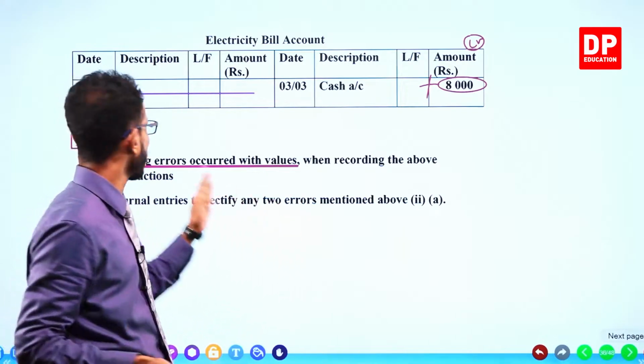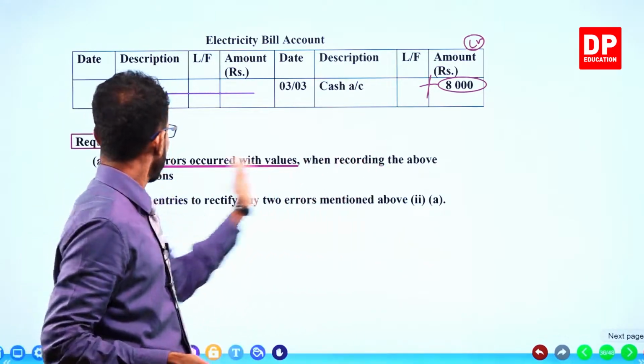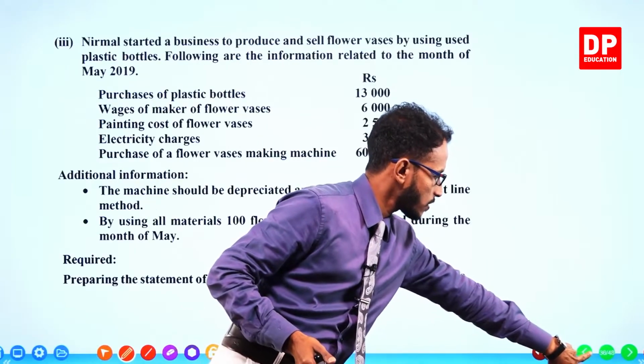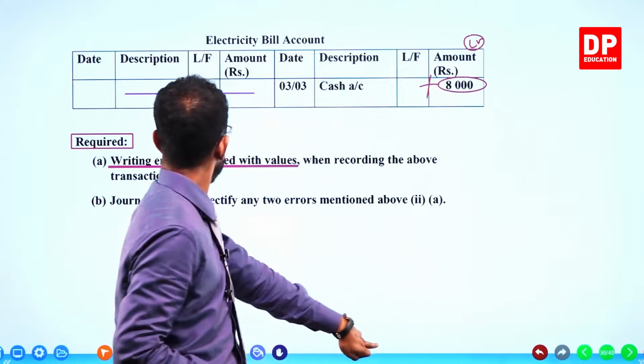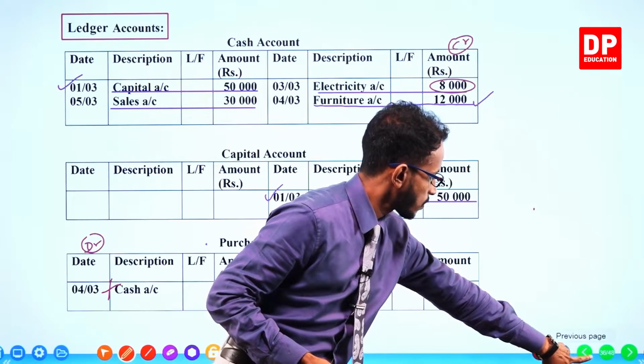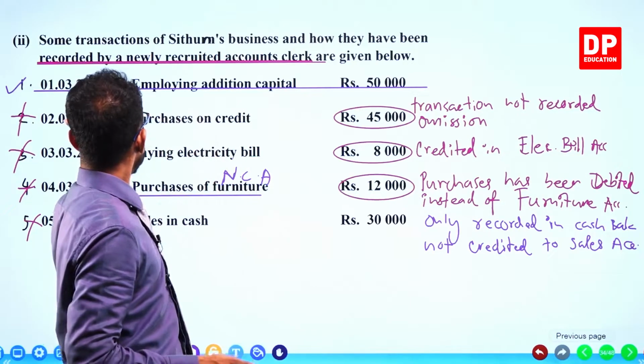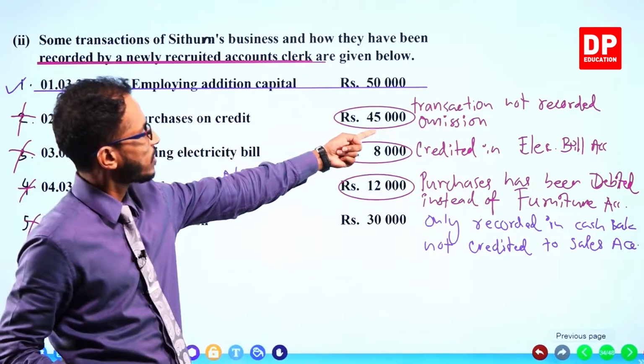There are many ways to write. When recording about transactions, writing errors occurred. Right. There you go. Now, purchases on credit, 45,000.